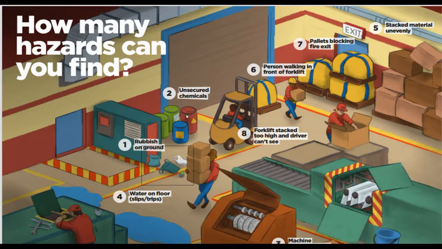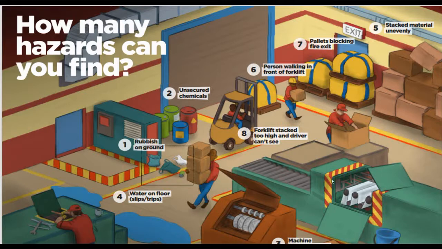So what is the risk of the unsecured chemical? For example, if there is leaking or whatever, the floor will become wet. And then number 3, the machine guarding lifted.